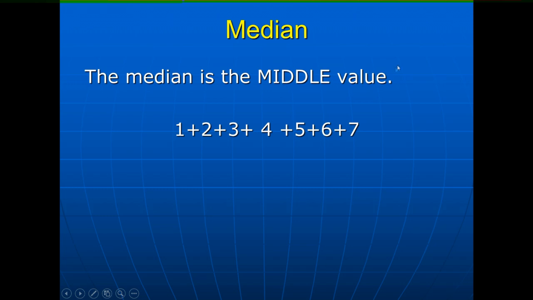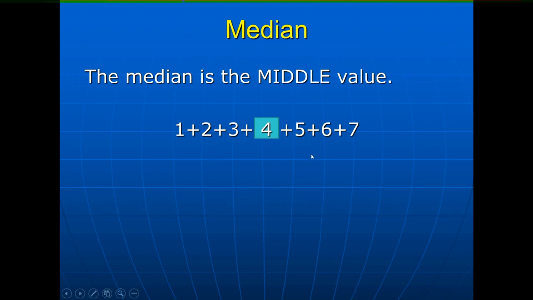Median is the middle value. If your data set has an odd number of values, I'm just choosing here a simple example, I put numbers from 1 to 7. So what is the median here? Simply the median is, yes, the middle value, whatever the values on the right side or on the other side. This is how the computer calculates the median.